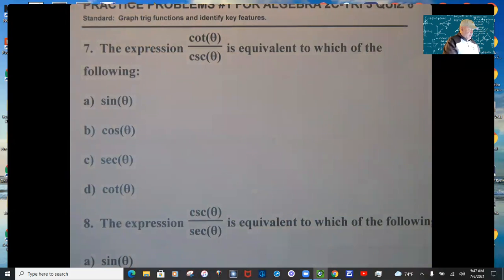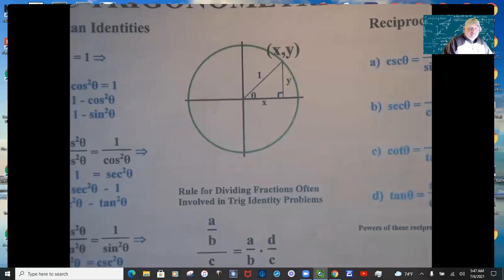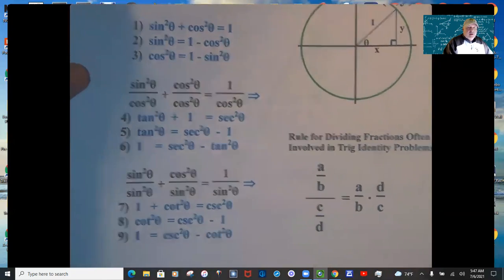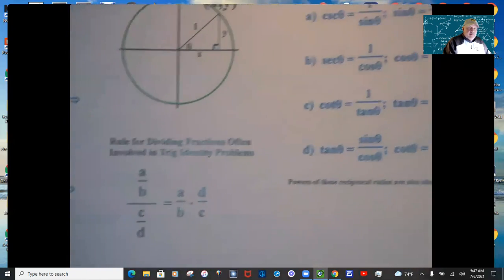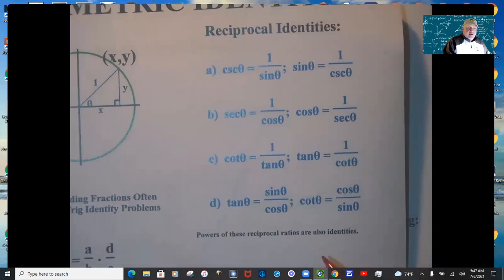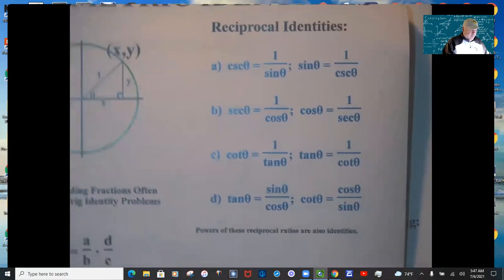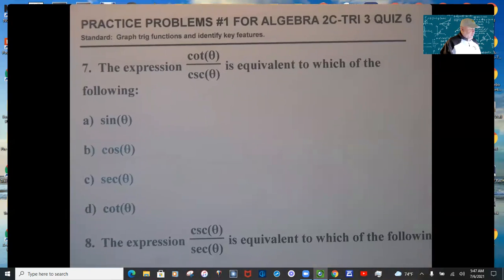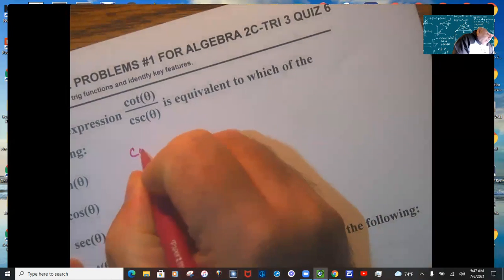So here's the page I'm talking about. Here are your Pythagorean identities over here. Here's the rule for dividing fractions that we often have. And then reciprocal identities, also powers of those reciprocal identities are allowed. Okay, so cotangent, we can turn that into cosine over sine.